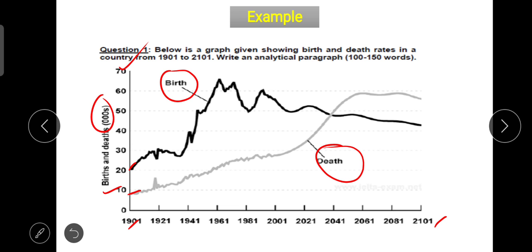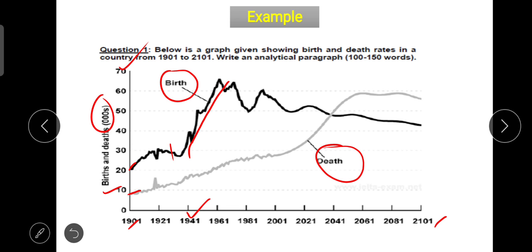Difference between death rate and birth rate is 10,000. It goes on almost the same up to here, and from this point we can say from 1941 birth rate skyrocketed. It goes on very high and reaches almost 68 to 69%.